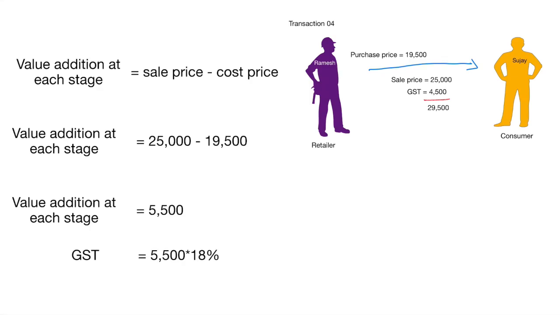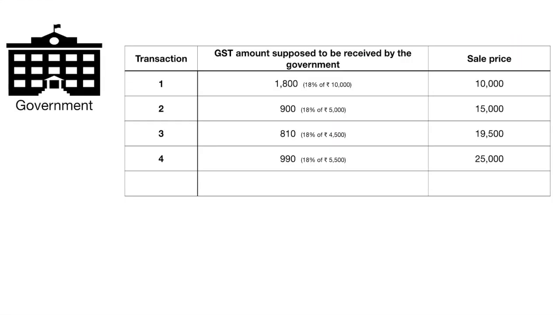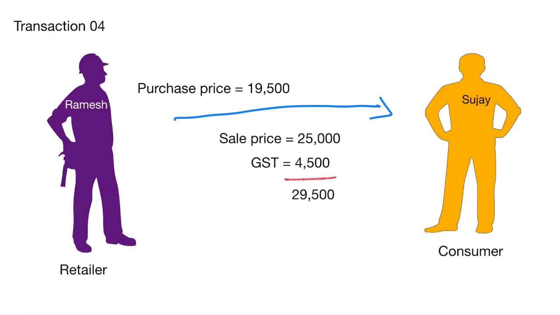GST on that will be 990 rupees. So Ramesh will pay only 990 as GST to the government in this method as compared to 4,500 in the previous method. Because Sujay is the end consumer. He has purchased the goods for his own consumption and not for resale. So the chain of transactions ends here.